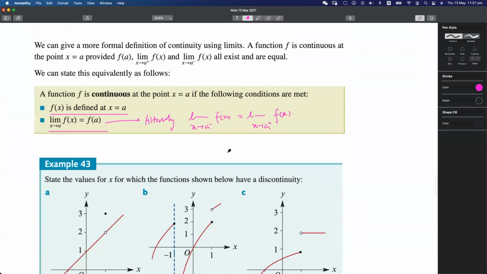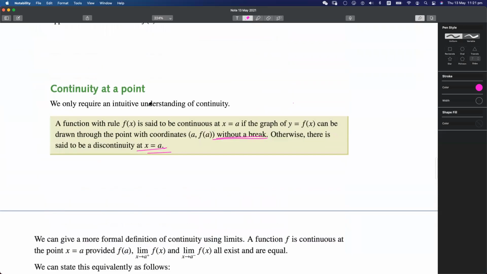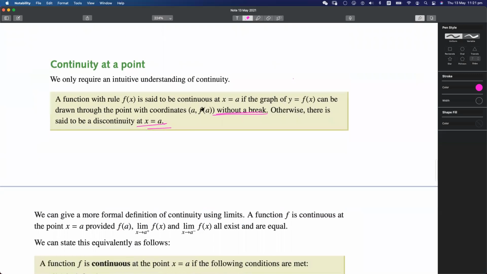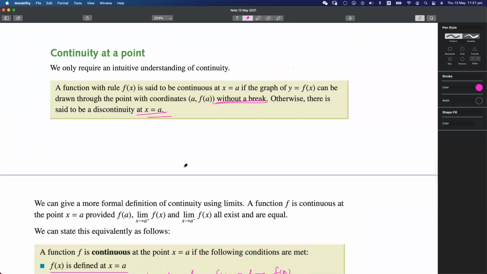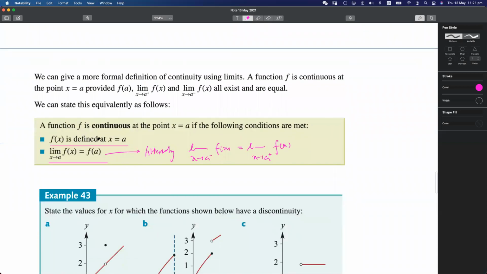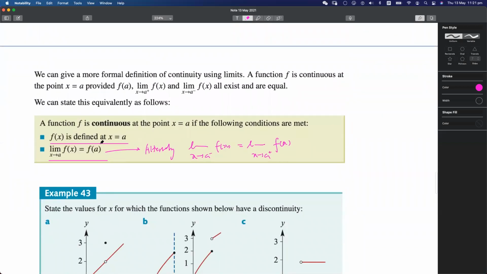So go back to your continuity definition. We have to have it without a break. So we have to satisfy 2 conditions. One is f of x is defined at x is equal to a.